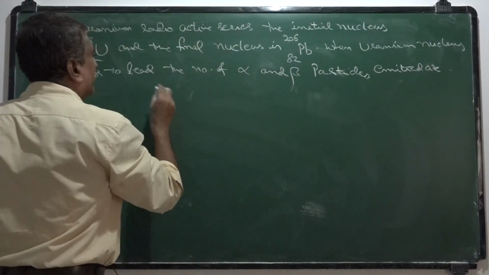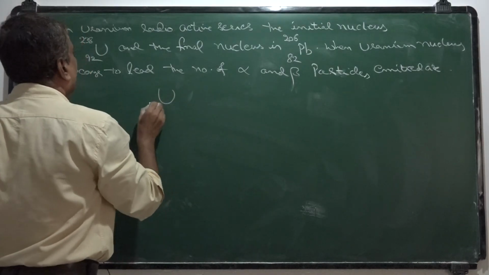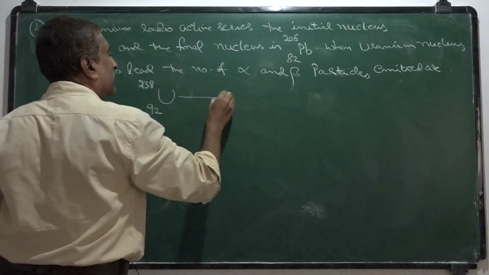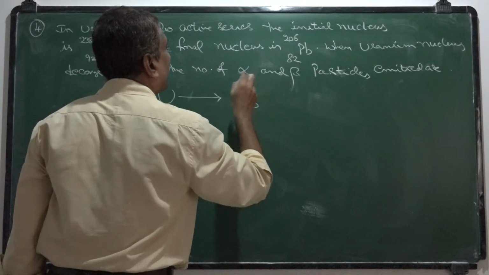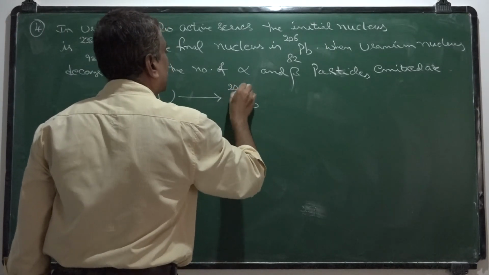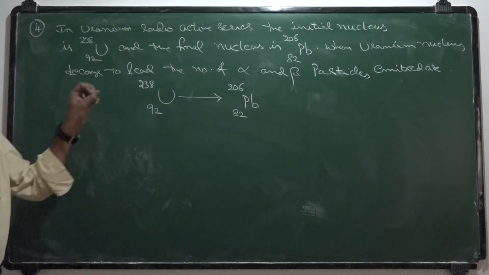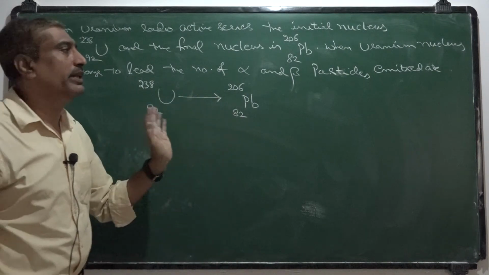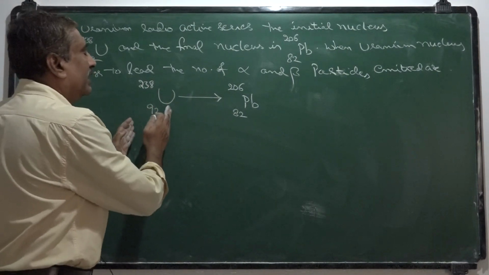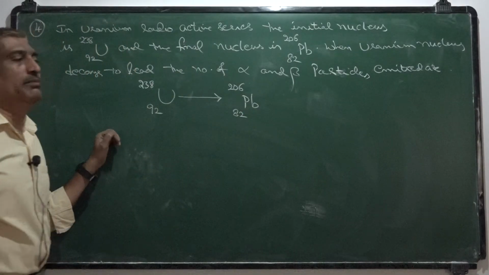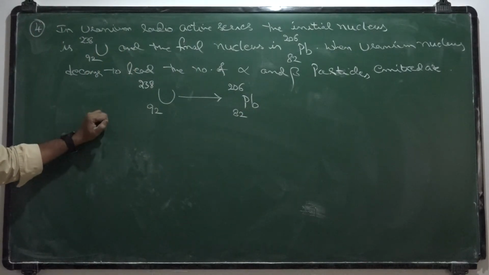So the first equation is given: uranium 92-238 changes to lead 206-82. Now we have to calculate the number of alpha particles and beta particles that decay from this uranium nucleus so that this particular nucleus is formed. How can we solve this problem?